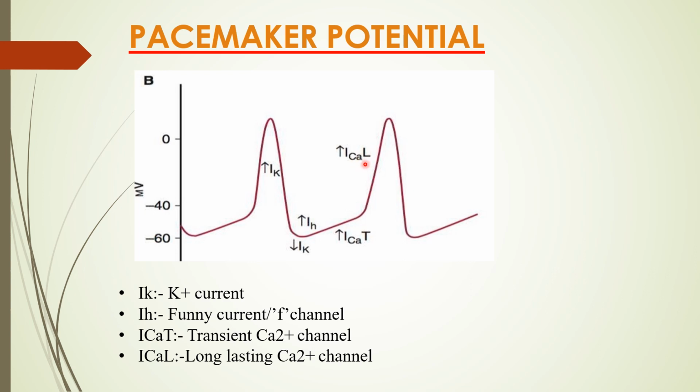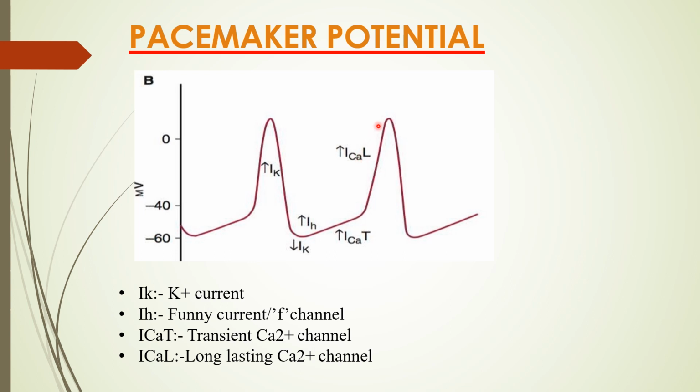So the calcium influx occurs, that is causing rapid depolarization. So it is unlike the cardiac or skeletal action potential where the depolarization is because of sodium influx. But here in pacemaker potential, the depolarization is because of calcium influx. So remember this point.